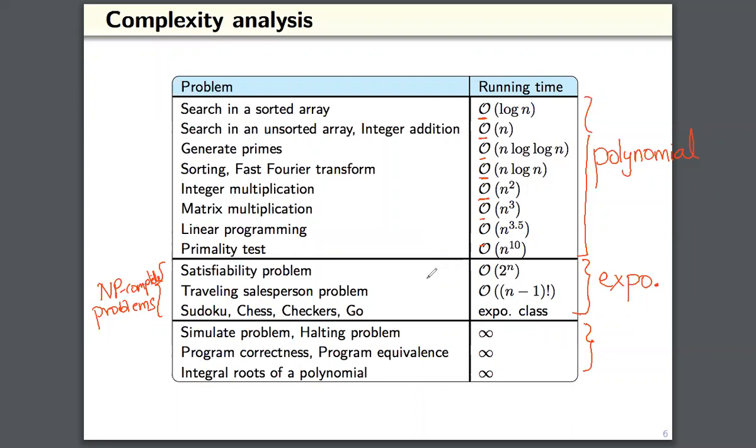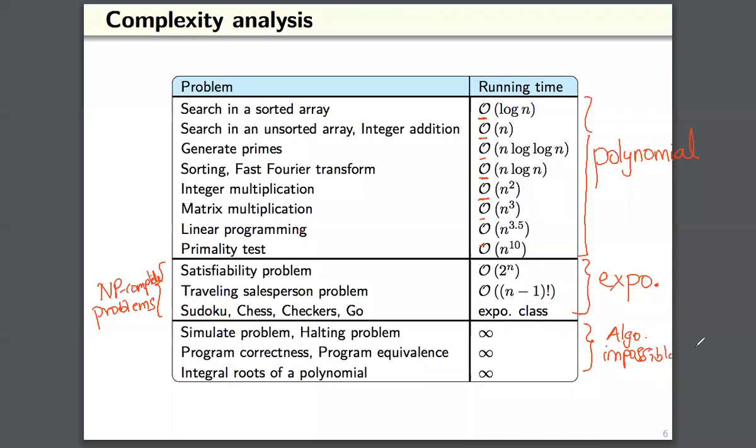I think we defined it in the previous session: a step-by-step procedure that takes a finite number of instructions, or solves the problem in a finite amount of time. This does not solve the problem in a finite amount of time. So these problems are algorithmically impossible.